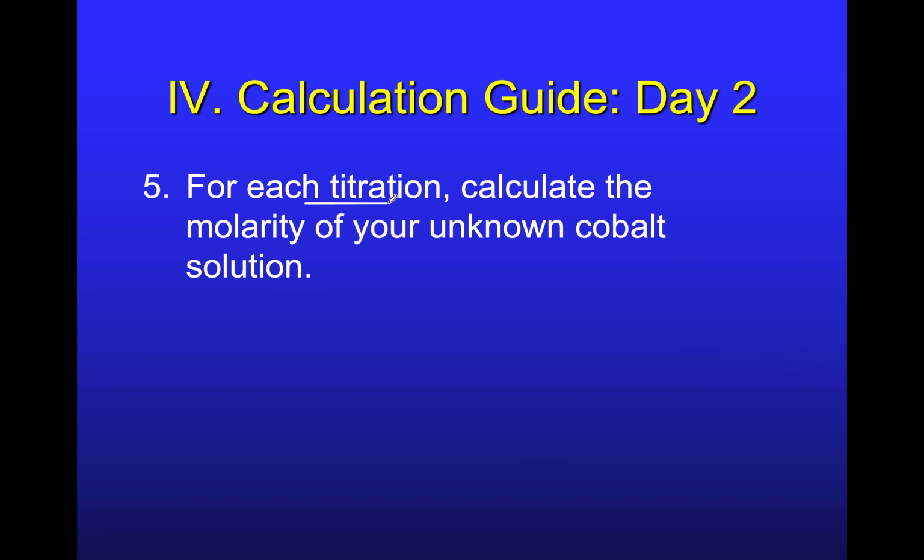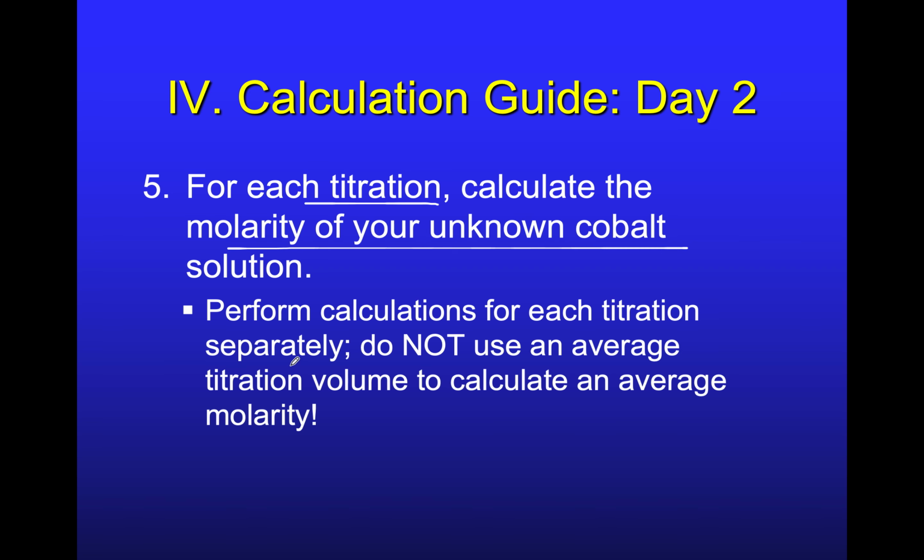Then you have each titration, and now you calculate the molarity of your unknown cobalt solution. So the EDTA cobalt titration gives you the unknown for the 3 trials provided, and do those separately. So trial 1, what's the unknown molarity? Trial 2, and so on. Don't use the average as it says here.